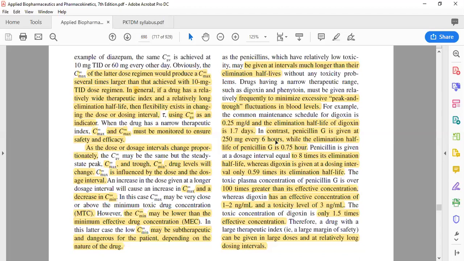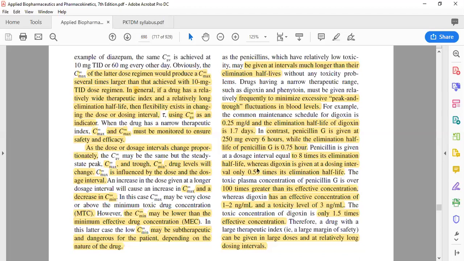That is why we are increasing this duration. We can give it, but if you see here, half-life is more, so we have to give at lower dose. Here the elimination half-life of penicillin is just 0.75 hour, and we give 250 milligram every 6 hours.